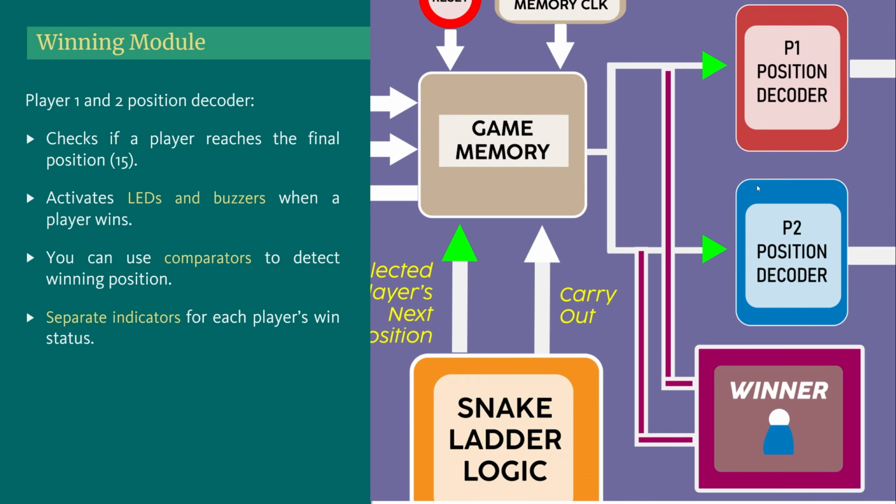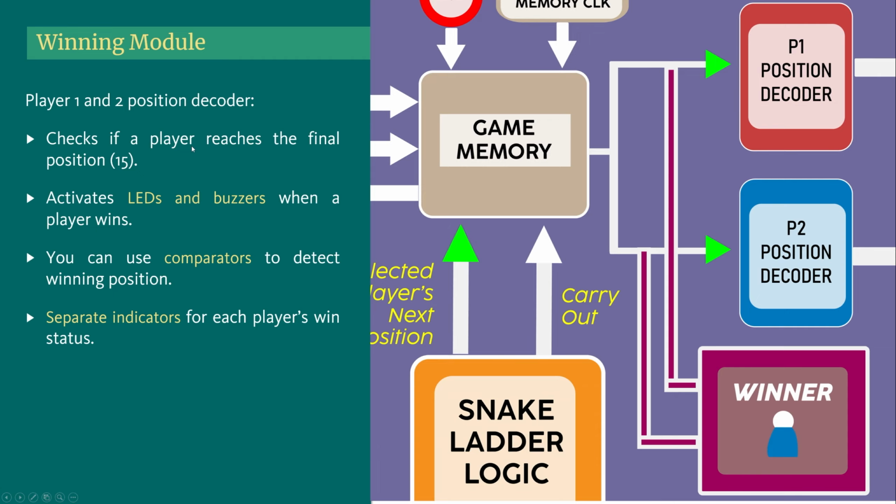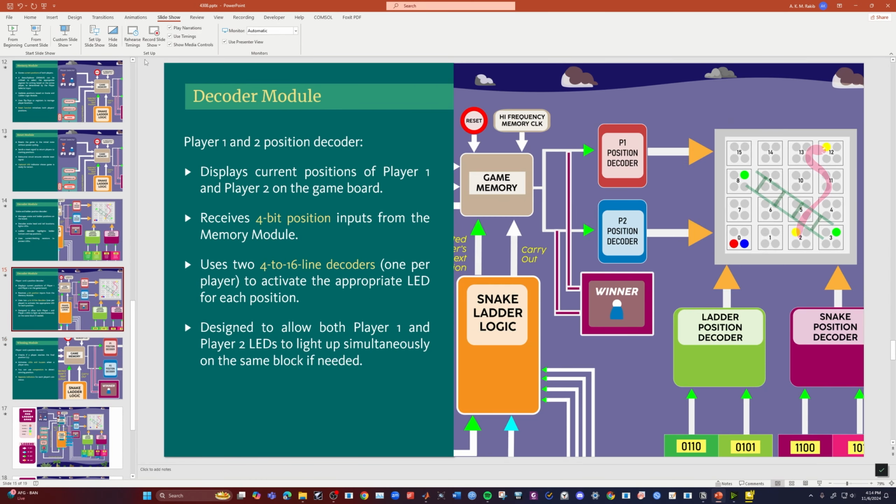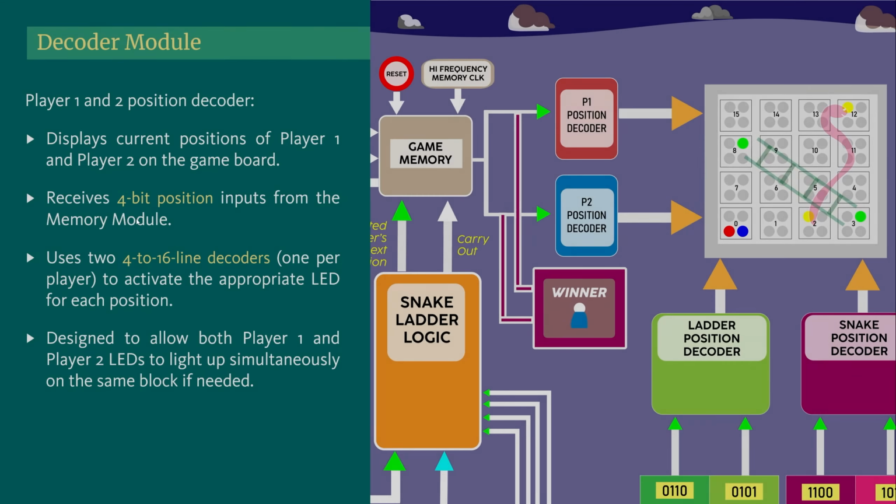One thing I missed: it receives a 4-bit position input. This is a 4-bit value, and it lights up the corresponding LED based on that 4-bit value.